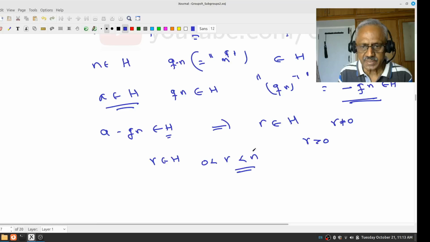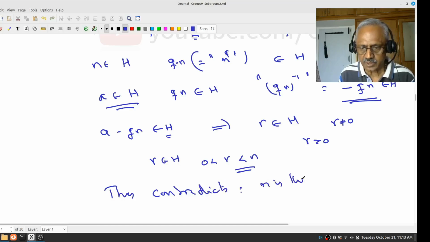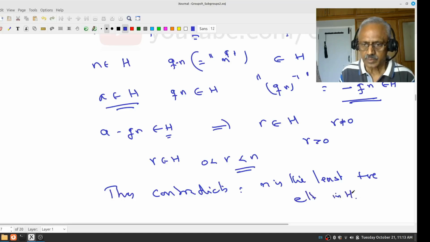That contradicts that n is the least positive element in H. Therefore, we conclude r has to be 0.